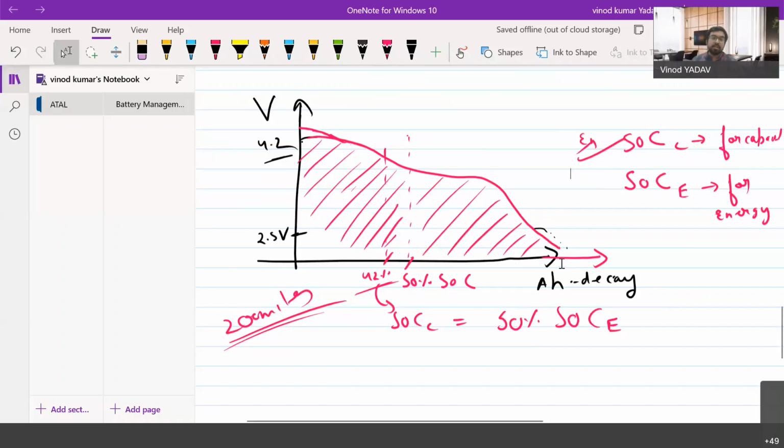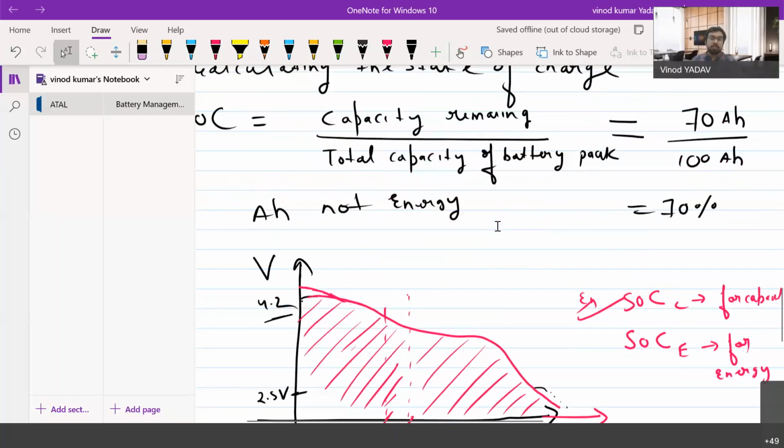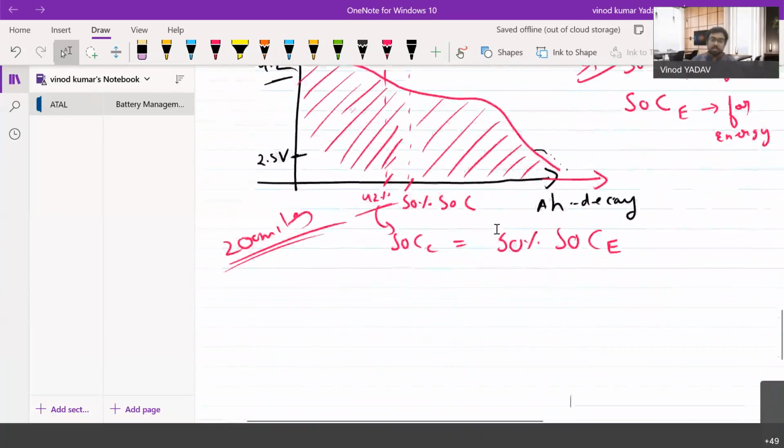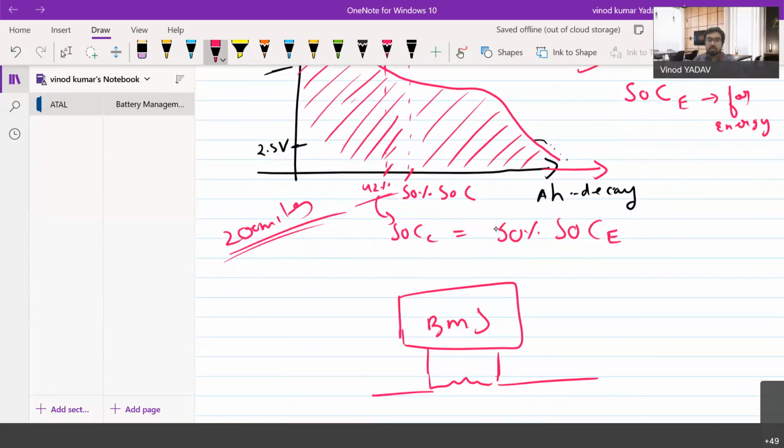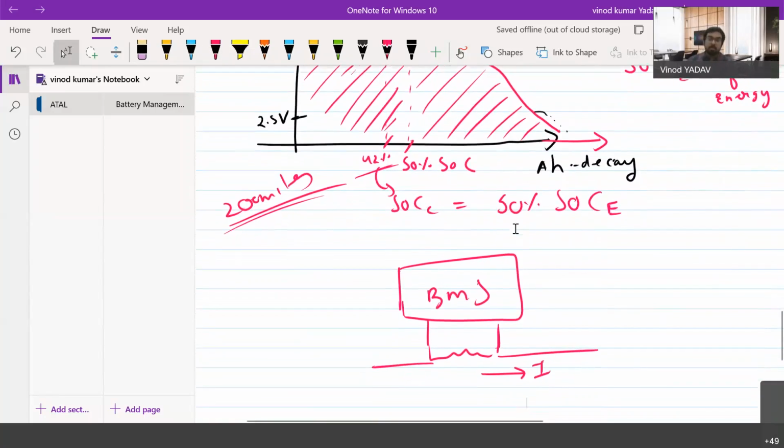Now, how to calculate the charge? What charge has flown? How to calculate that? So we go for Coulomb counting. I will not take much time. So this is the battery management system, and we have shunt sensors to look for the current flown.